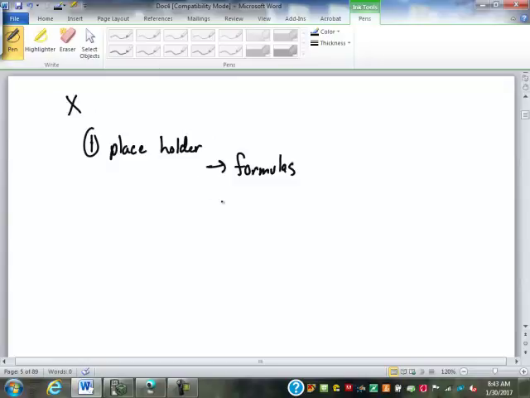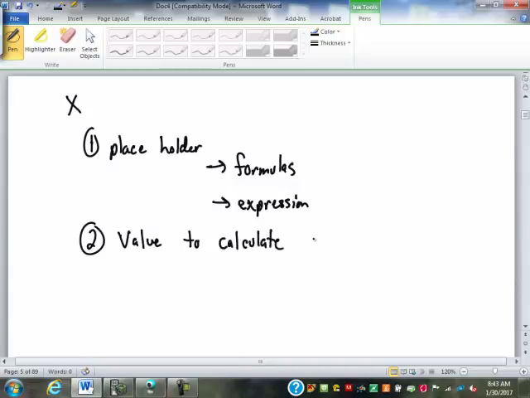It can also just be for writing a generic expression. And we'll look at some of those in a little bit. The second thing it can do is serve as a calculatable value. I'll put it as a value to calculate. Where it has a specific value, we just have to find it.